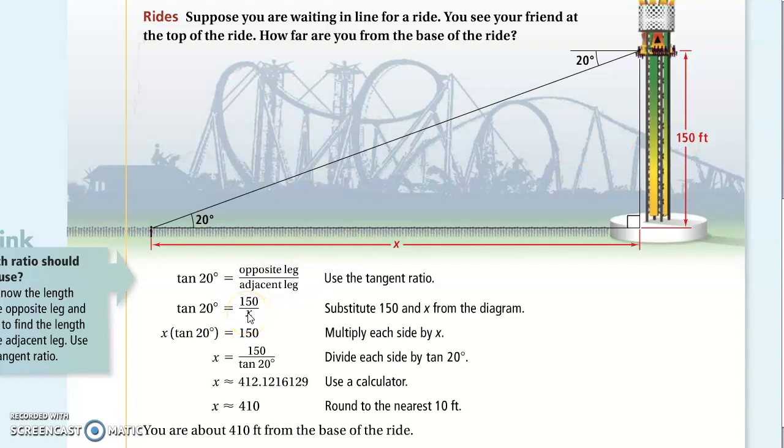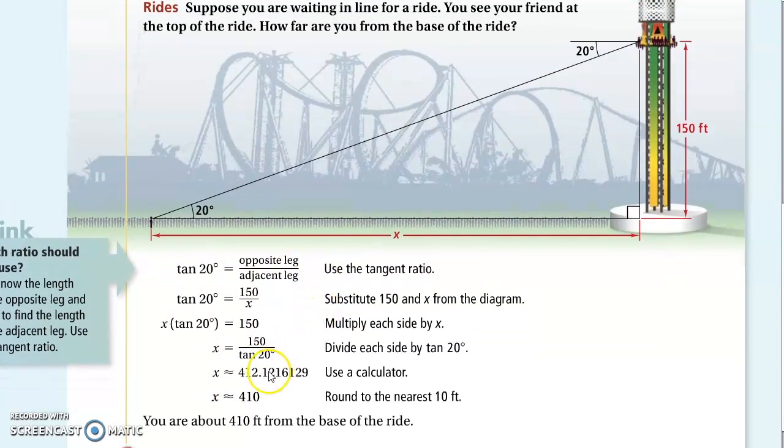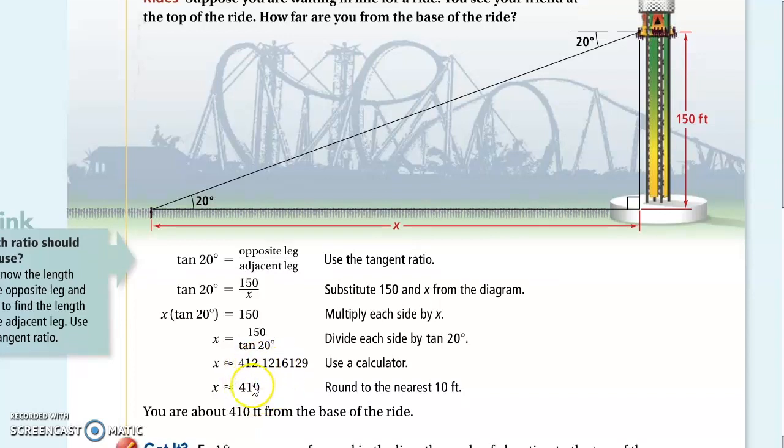If we use the butterfly method, we get 150 divided by tangent of 20, which is about 410, about 412. They rounded to the nearest ten. About 412 feet, so he's about 412 feet back in line.